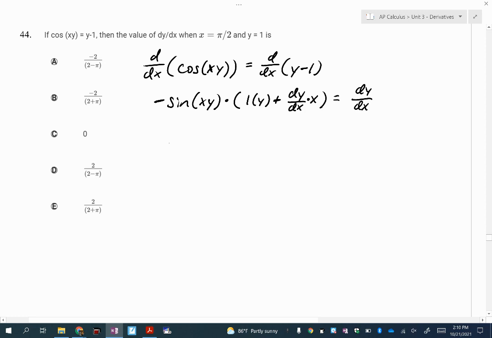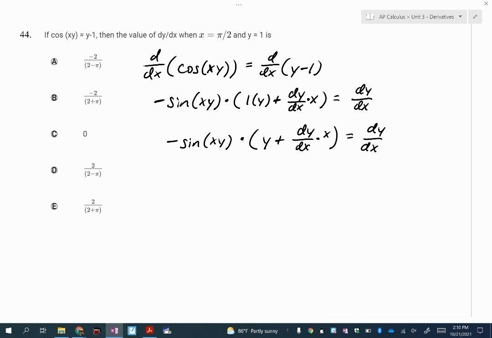All right, so I'm going to clean it up a little bit. Negative sine of xy times y plus dy/dx times x equals dy/dx.